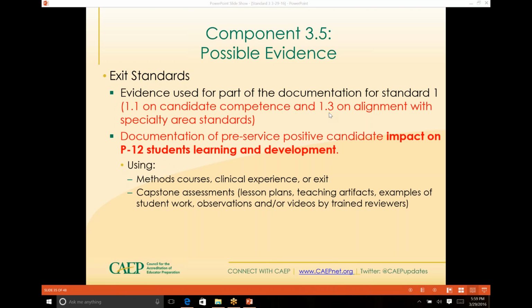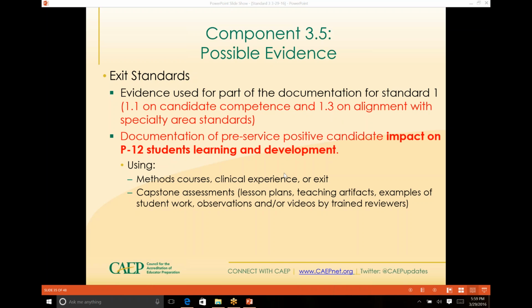So what you presented in 1.3 that shows how your various programs are aligned with specialty program standards could also be shown here and used as evidence that by completion they have the skill set and are necessary in order to be good, effective beginning teachers.